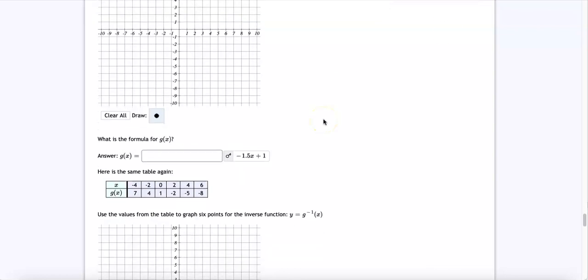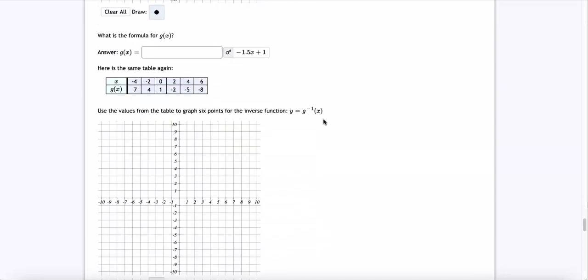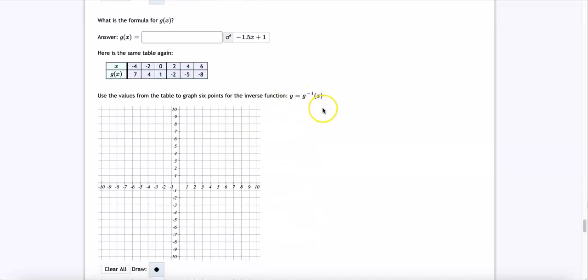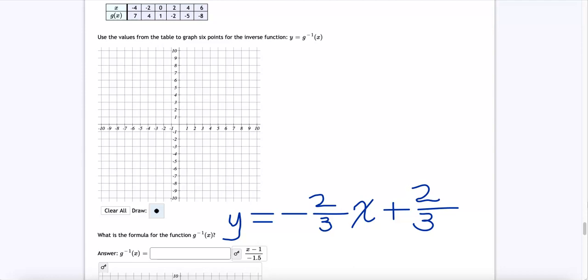Now once you've done that, you're going to take the same table again, and this time plot the inverse. Alright, so when you get to this part of the problem and you need to graph 6 points for the inverse, I'm going to put this in red. The inverse is going to be to take each of these points, and instead of x, y, you need to graph the inverse points as y, x.